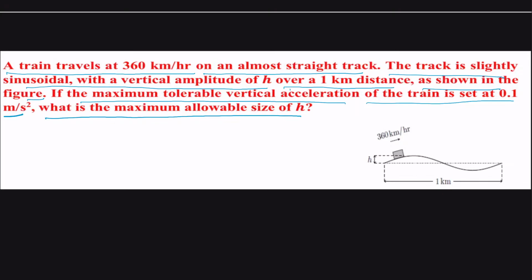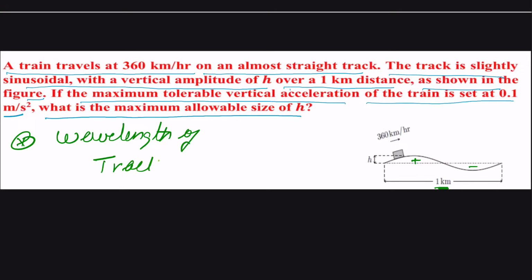The figure is already given to us, so a complete cycle is given, which is plus and minus. So obviously this 1 km is nothing but the wavelength. We are given the wavelength of the track, lambda, and that lambda is 1 km.